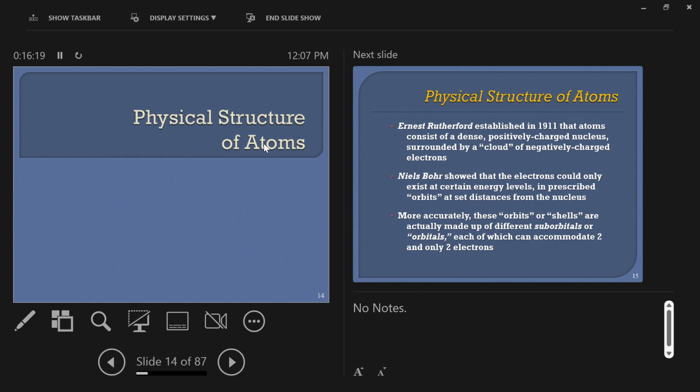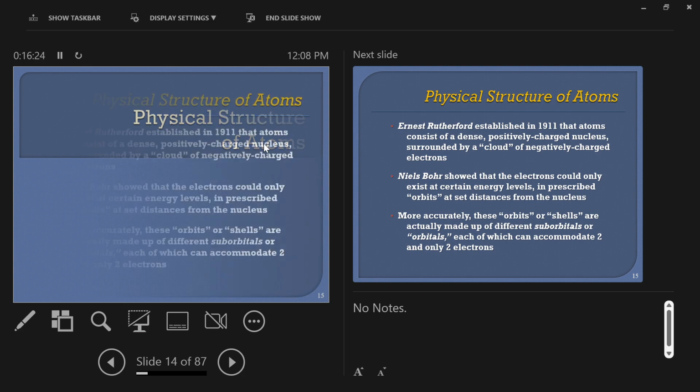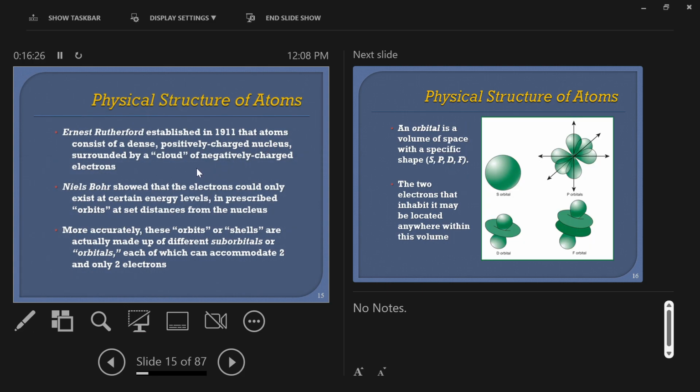Okay, so we're going to go down to the physical structure of atoms. Let's remind ourselves of a couple of things. There have been several models of the atom through history, all of them before, let's say, the 1920s. Our modern picture of an atom is circa 1911. We've had this modern picture for 111 years.